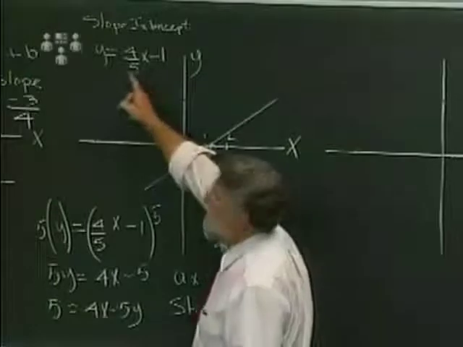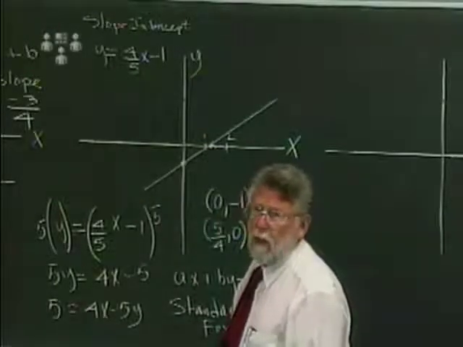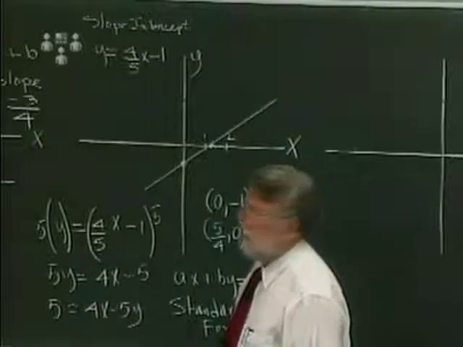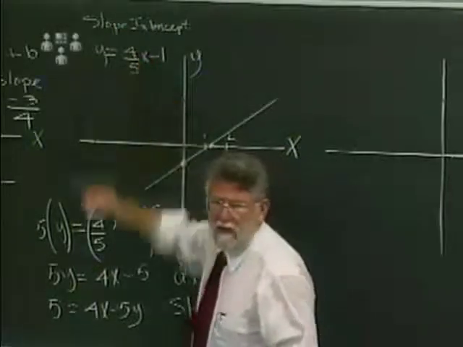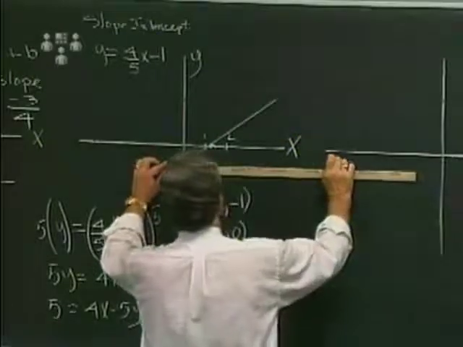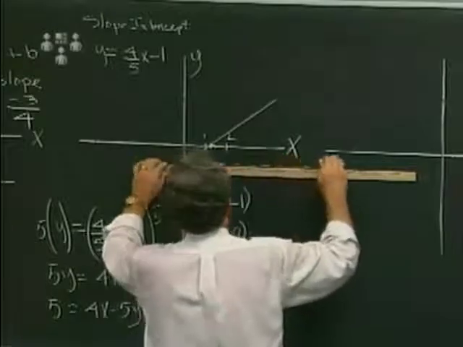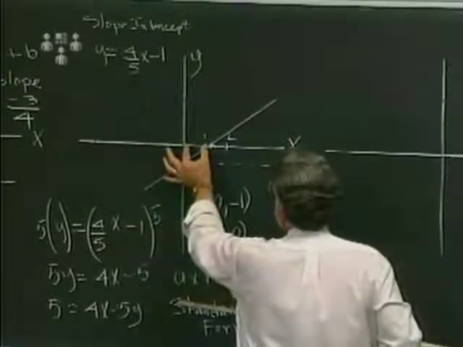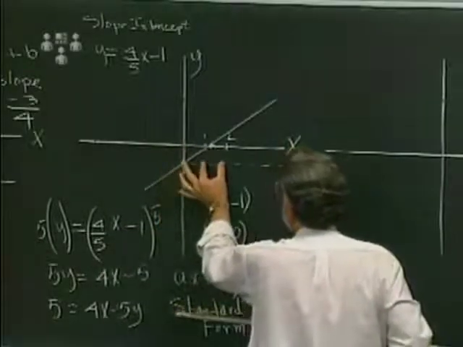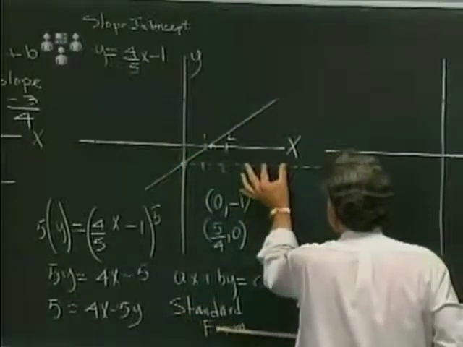Well, what could I do here to get my line? This says if I go over 5, I should go up 4. So the run is 5, the rise is 4. So I start here, and I'm going to go for a run. Sounds like we're jogging. Okay, so we said this was going to be at 1. So there's 1, 2, 3, 4, 5.